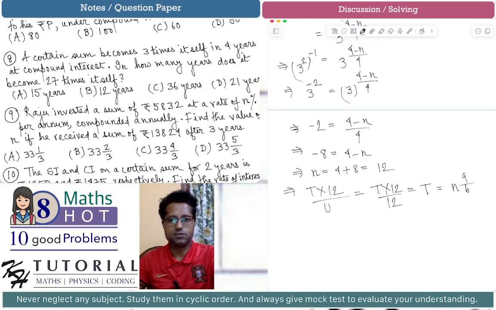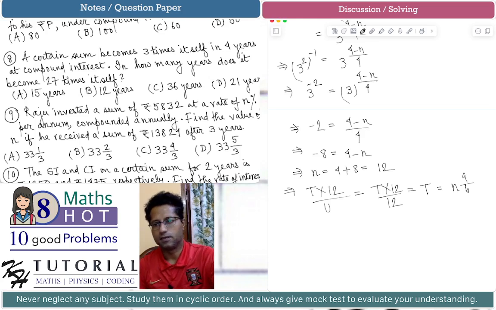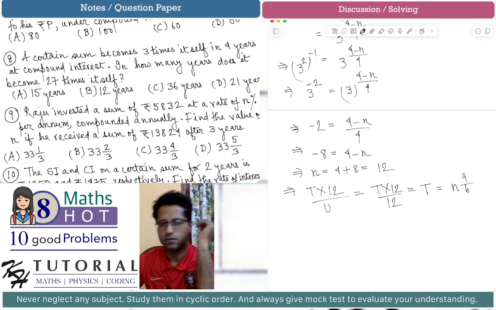But since all the choices are integers, the mixed fraction n and a by b will be equal to t, and t has to be an integer, which means that a by b is 0 and n will be equal to t.